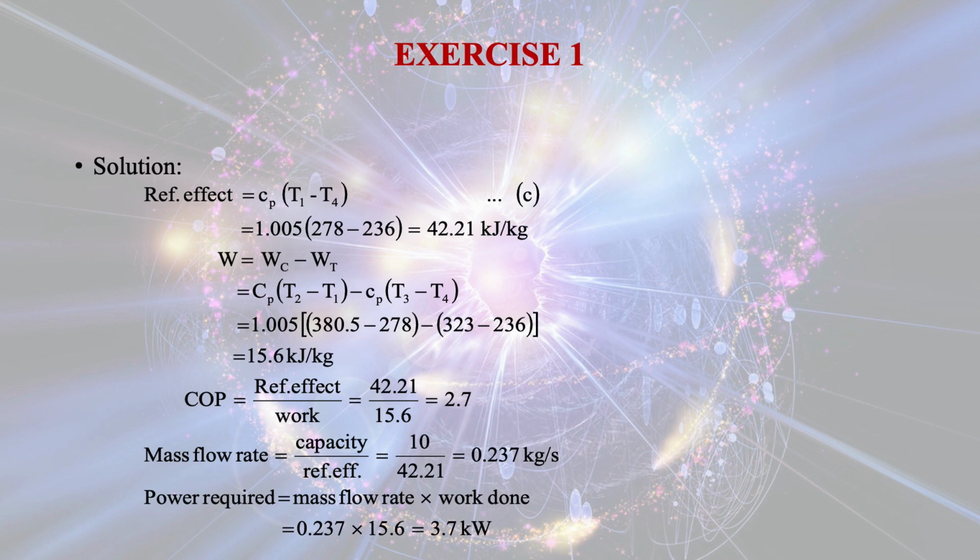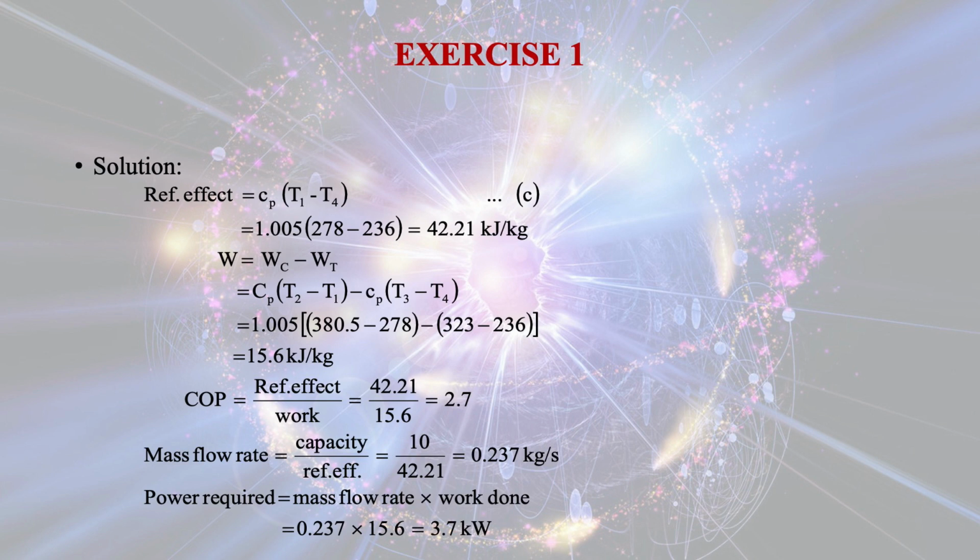The COP, that is coefficient of performance, is equal to refrigerating effect divided by the work done, that is equal to 2.7, because we know the refrigerating effect and we know the work done. The mass flow rate is equal to capacity by refrigerating effect.